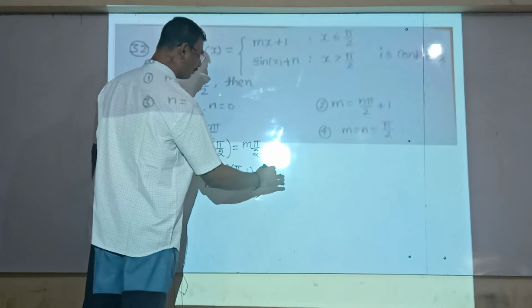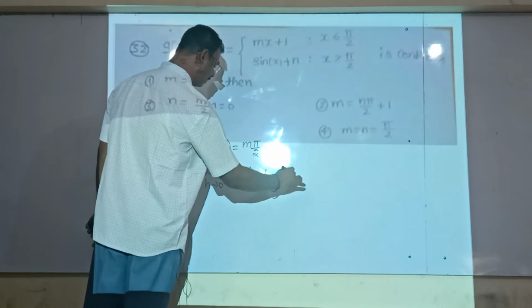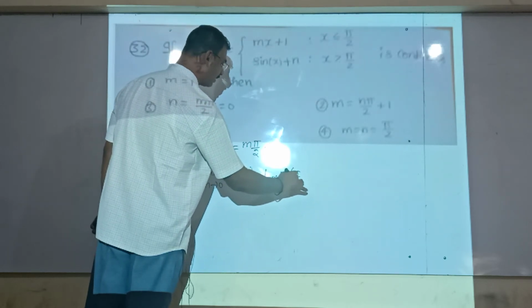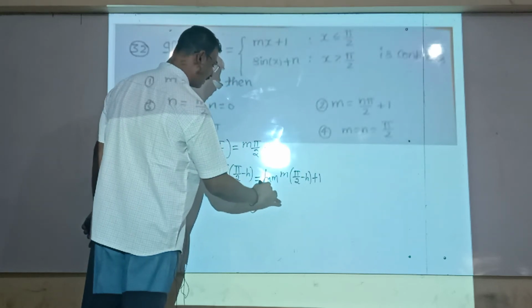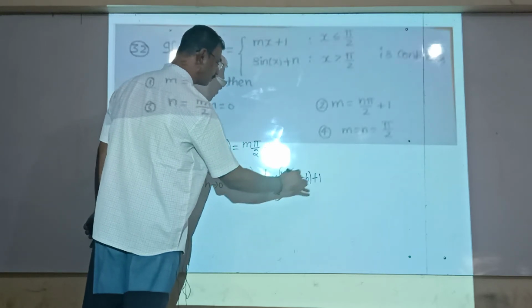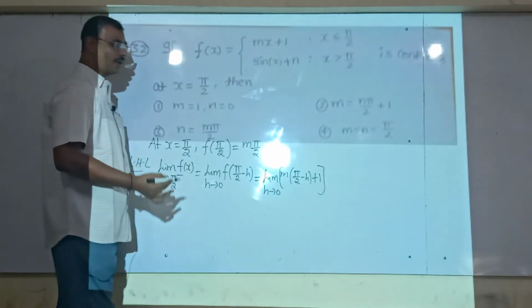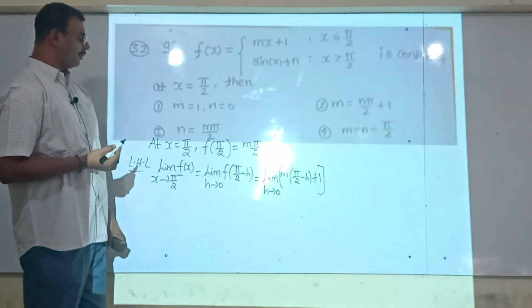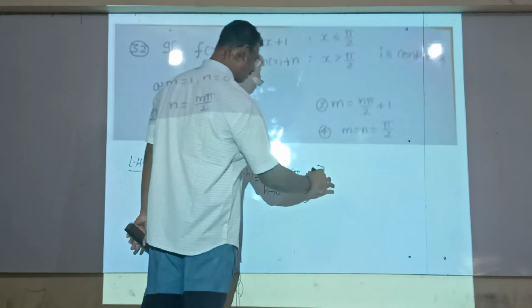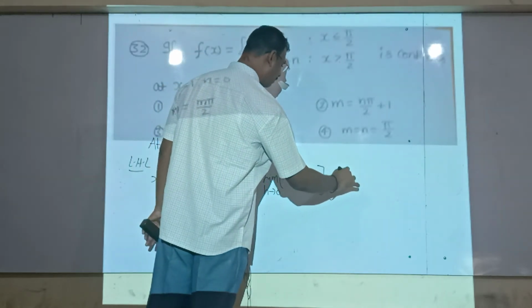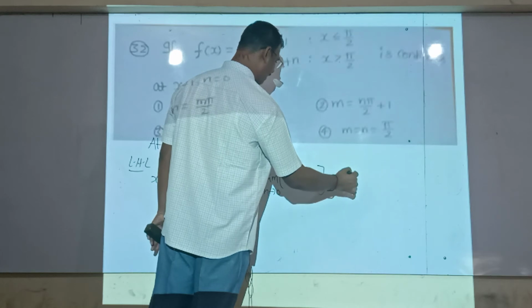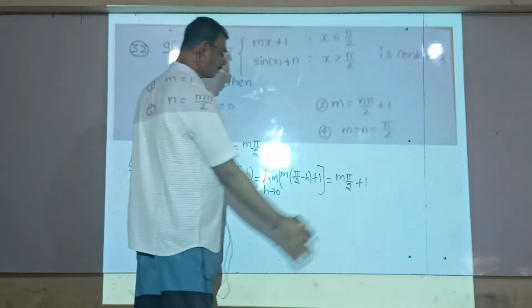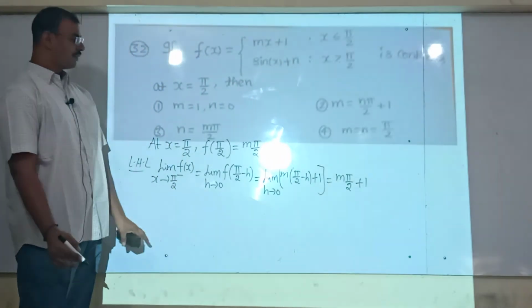Limit of m into pi by 2 minus h, plus 1, as h tends to 0. Now apply the limit. This is equal to m pi by 2 minus 0, so m pi by 2 plus 1. This is the left hand limit.